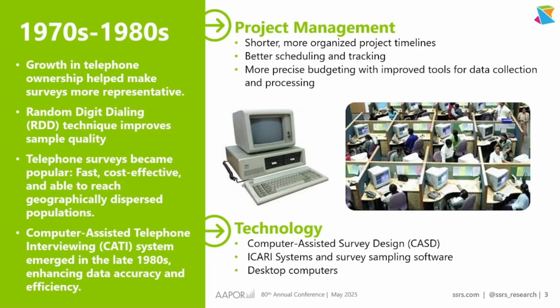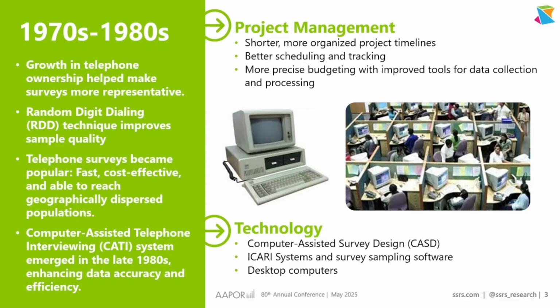So then we move on, where telephone ownership helped make surveys more representative. I won't read everything, I'll just kind of touch on it. So RDD techniques improved our sample quality. Phone surveys became more popular, faster, more cost-effective. CATI systems emerged.